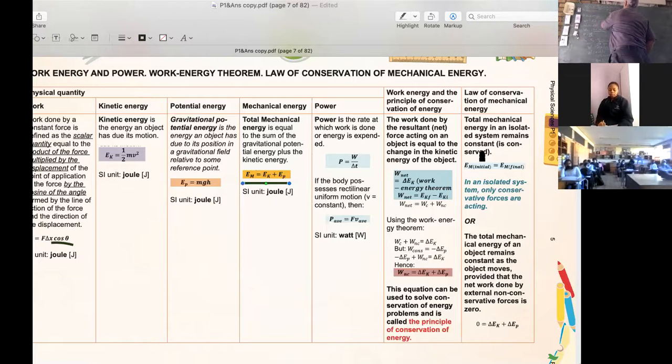Here we've got a skier on a slope. And then at the bottom of the slope, there's the skier. Here's position A, here's position B. Now at A, or the top of the slope, what type of energy has the skier got?